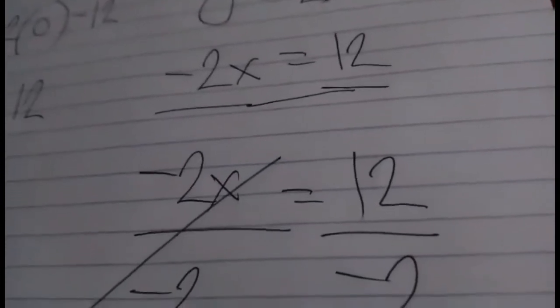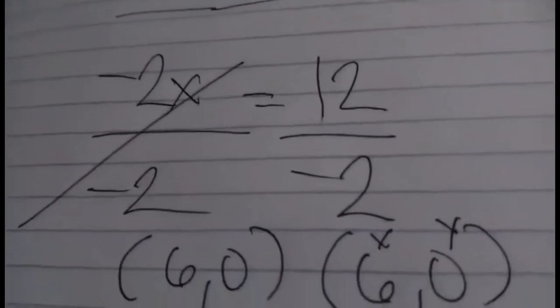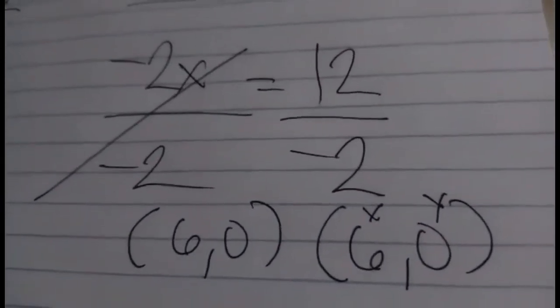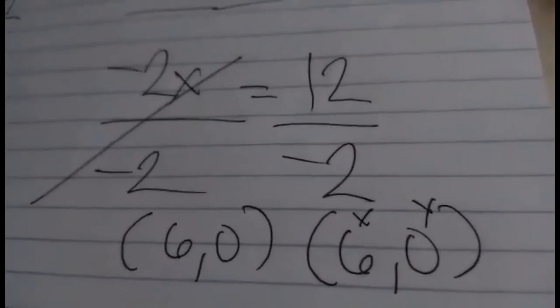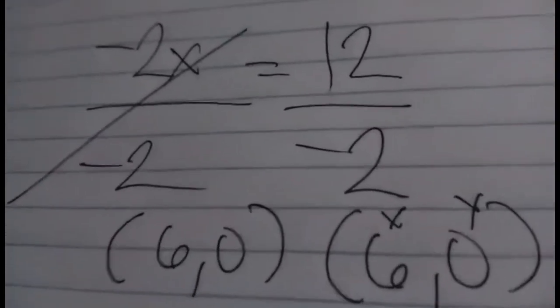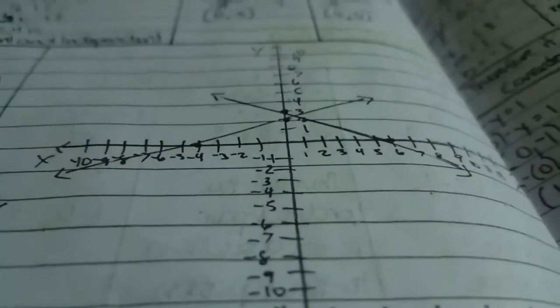Next, what's beside x is negative 2, so cancel out, and there you go: 6, 0 is your other ordered pair. This shows that your y is 0 and your x has a value of 6. So now let's proceed to graphing the system.